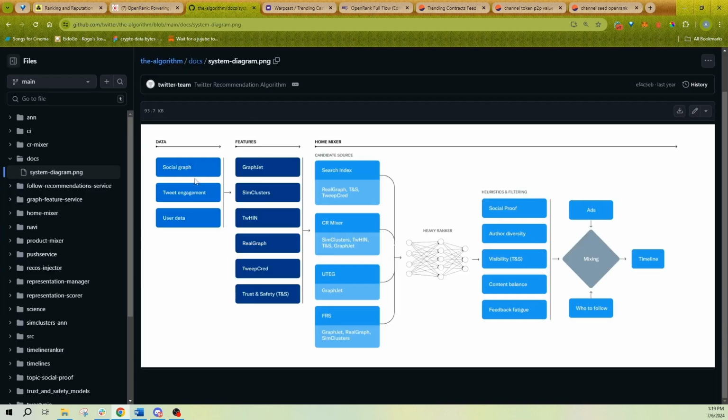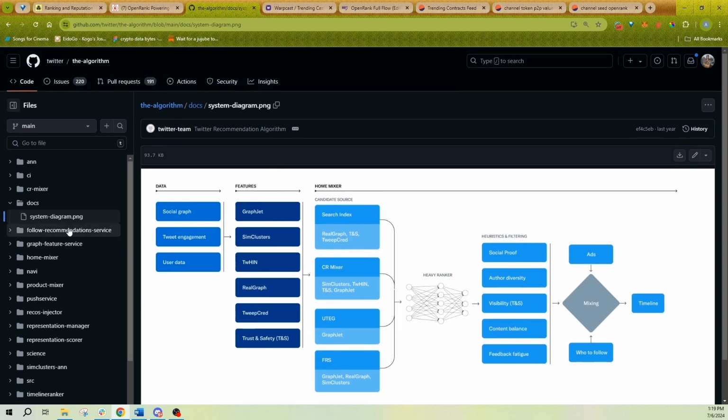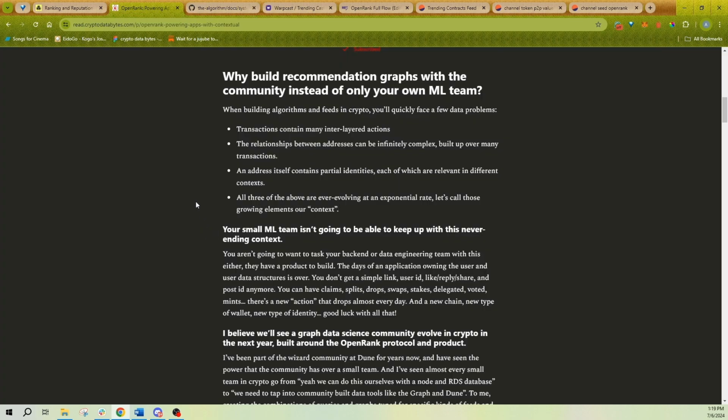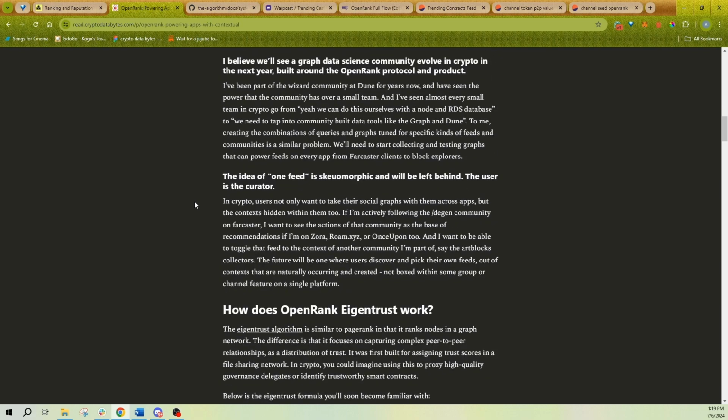It's not just going to be Twitter with their own closed system, closed in the sense that no one else can add to it and no one else can really borrow from it. If you use Twitter's feed to try and power Instagram, it wouldn't work or make sense at all. But in crypto, it would make sense to use other people's feeds, data, and graph data sets. So this takes a lot of people to work together.